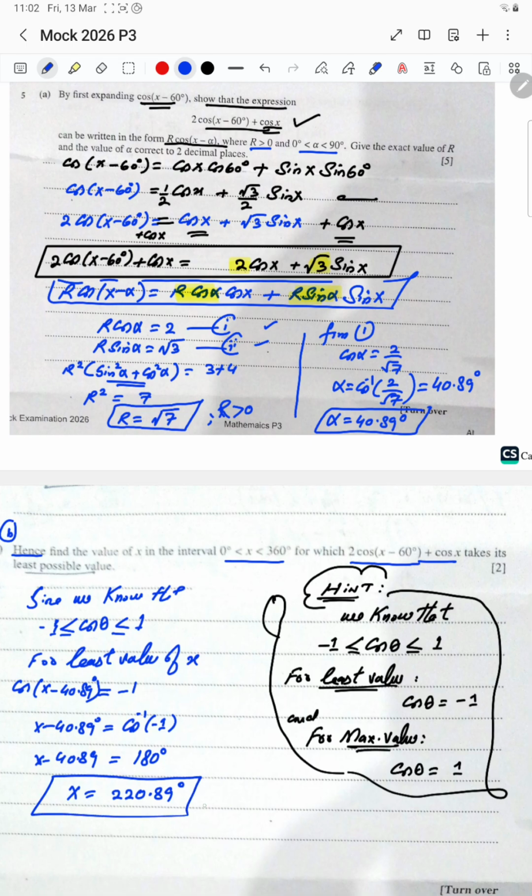This is the answer. I hope you got it. Just keep the hint in your mind. So in the exam he asked for least value, max can also be asked. For that you need to take it positive and solve accordingly. I hope it is clear.